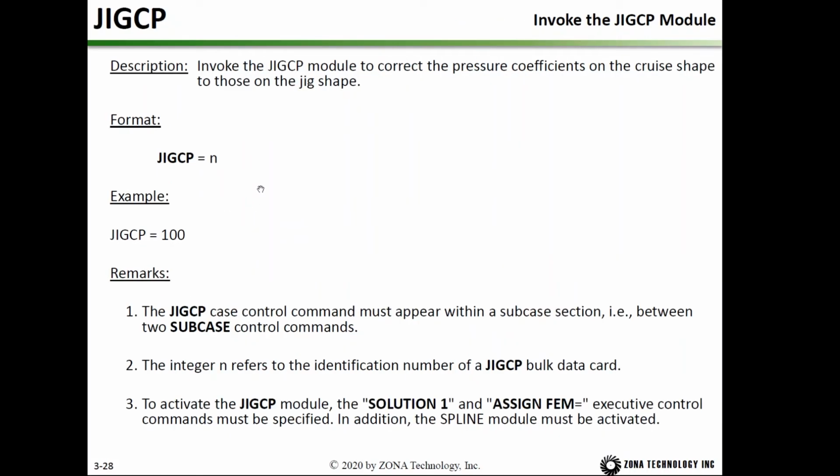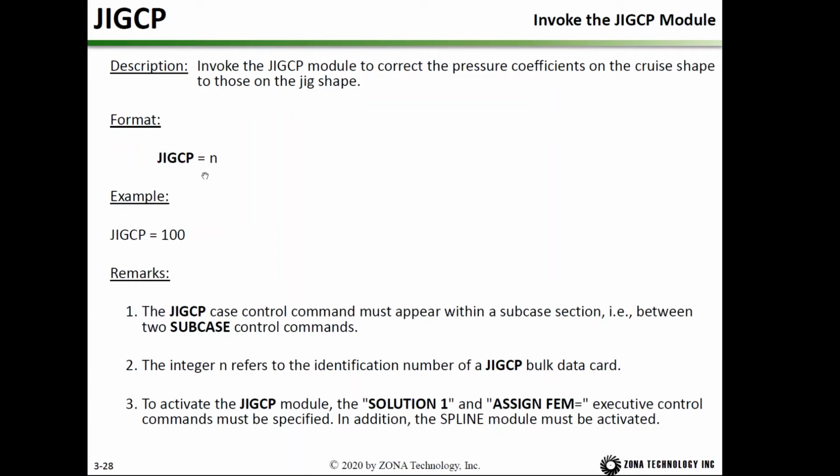GENBASE invokes the GENBASE module to correct the pressure coefficient on the cruise ship to those on the GENBASE, because if you want to replace the ZONAIR computed CP by the CFD solution, and the CFD model is for the GENBASE, the GECP module will correct the CP on the cruise ship to the GECP.